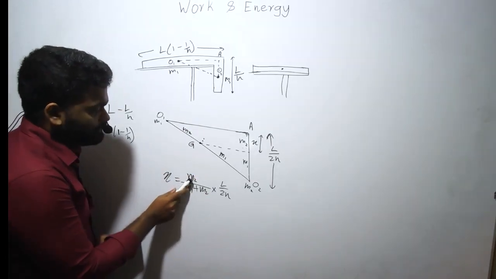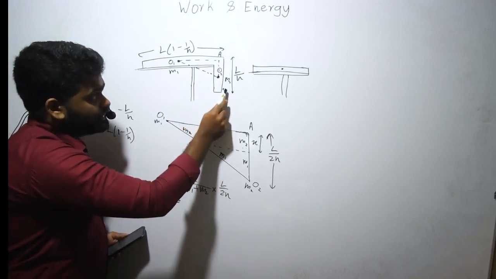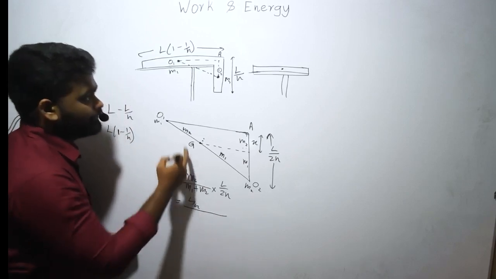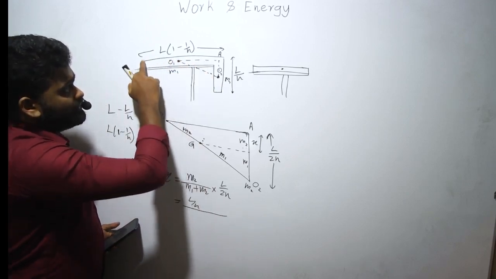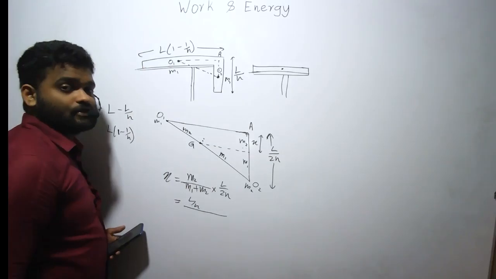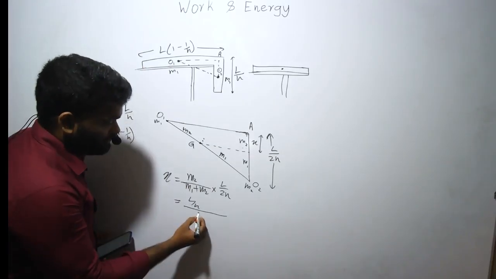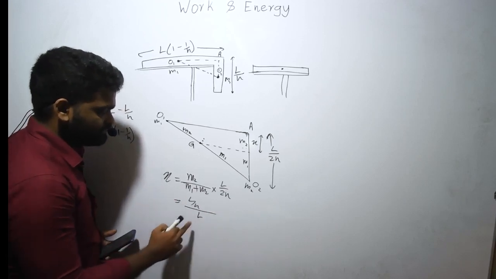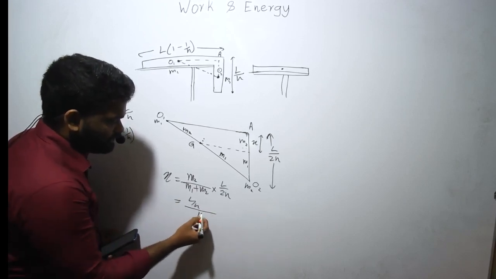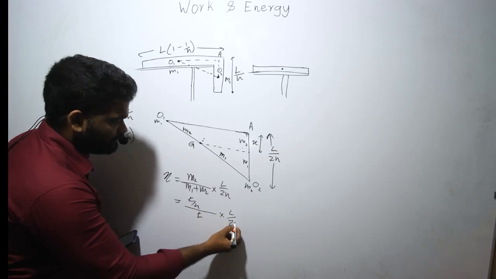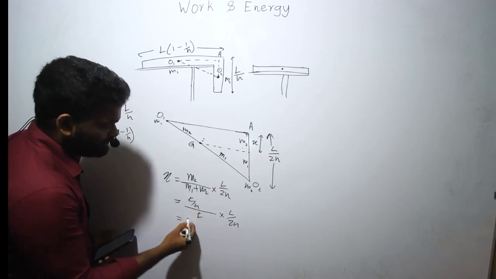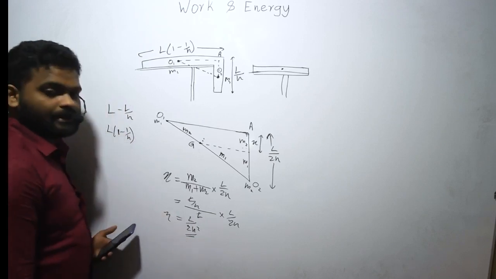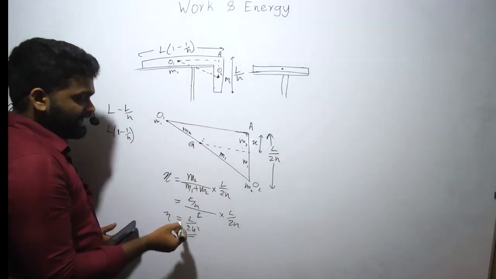Okay, so instead of M2, I'll use the length of this part, that is L over N, divided by M1 plus M2. M1 plus M2 means total mass. So what is the total mass? You can use length, right? Use L. Total mass is L. Right, this L cancels, so then you get 1 over N, L over 2N. So that is the X value.